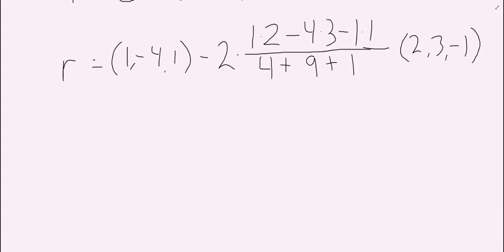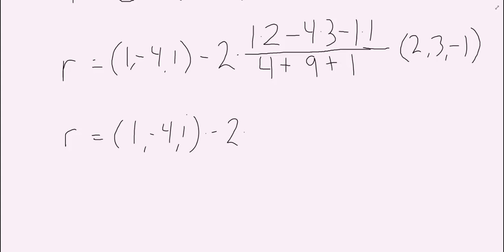Okay, so continuing with this. R equals 1 minus 4, 1 minus 2 times, okay, so we have 2 minus 12, that's minus 10, and minus 1.